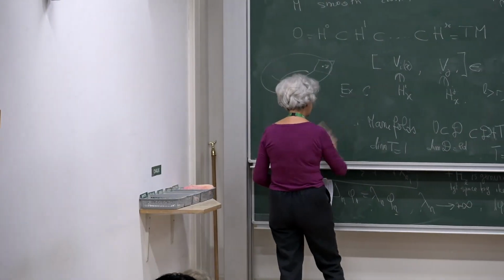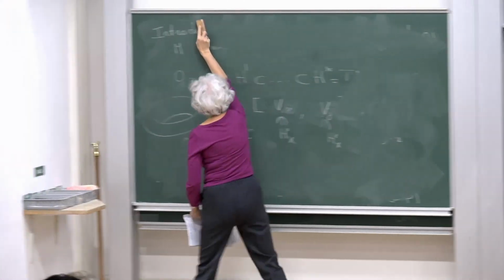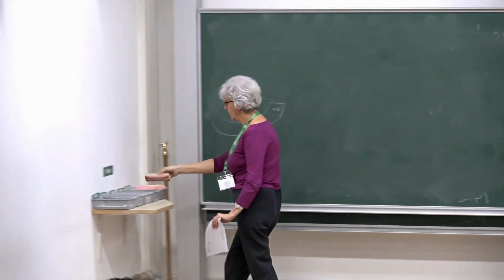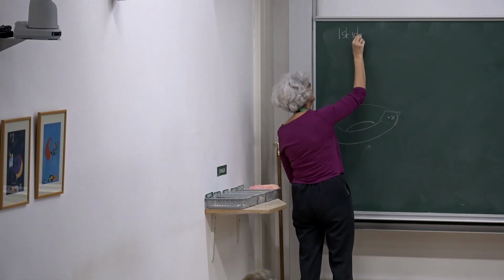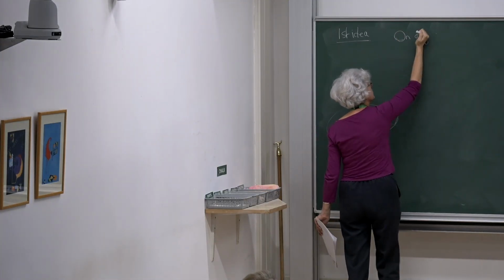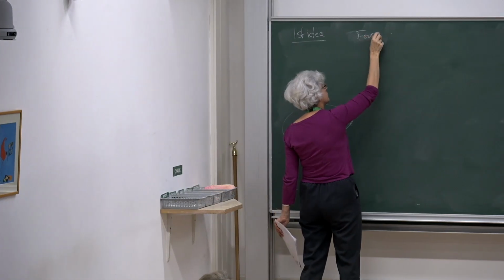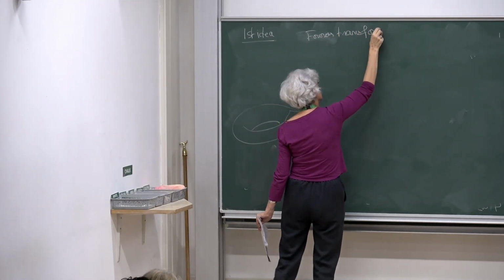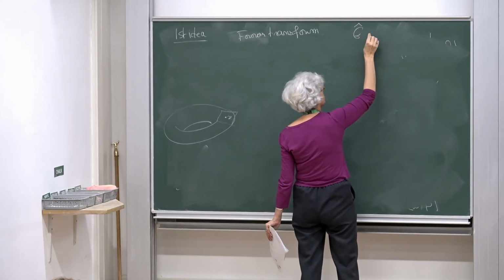So what is the idea behind? The first idea is that on a group, on a nilpotent group, you have a Fourier transform with a Plancherel theorem, which is just given by the representation theory of the group.